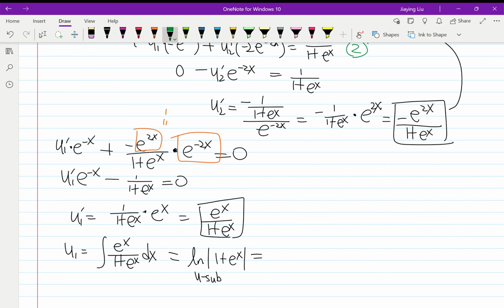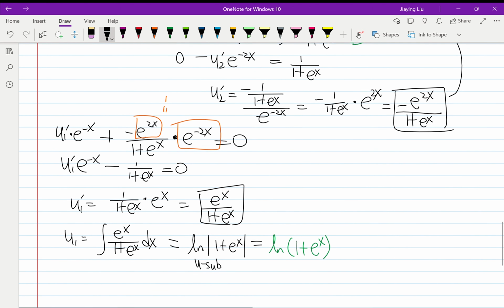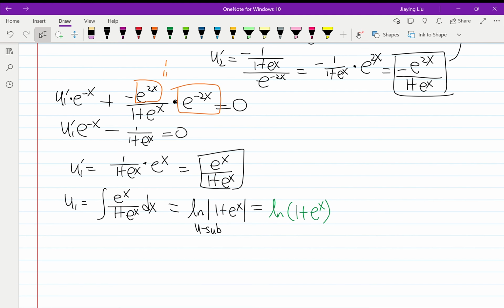So that's never going to be 0 or negative, so it's perfectly okay to drop the absolute value. So that's going to be natural log 1 plus e to the x, since 1 plus e to the x is greater than 1 for all x.